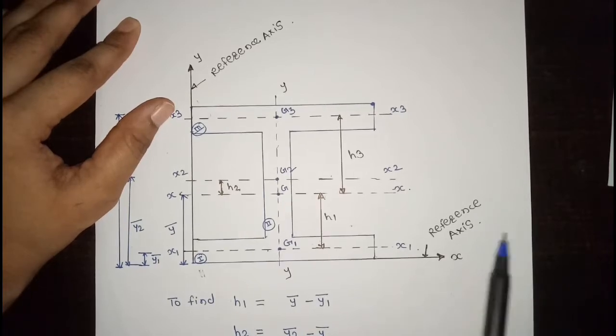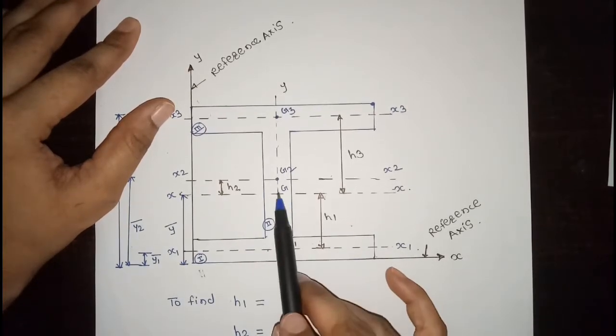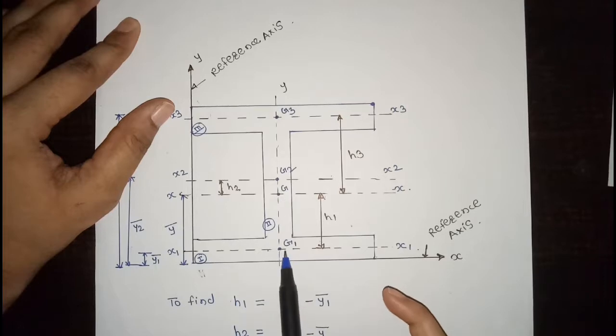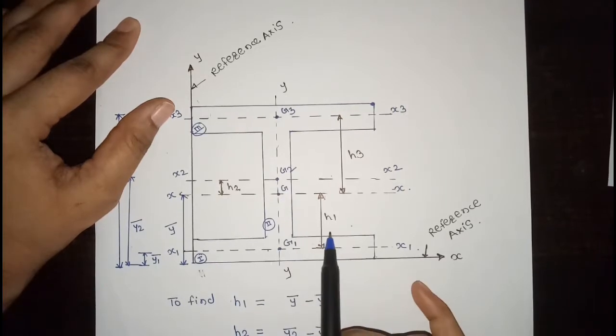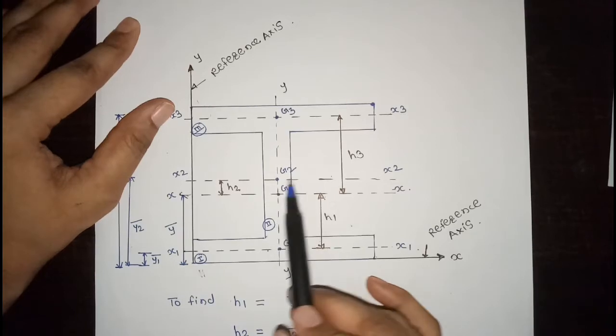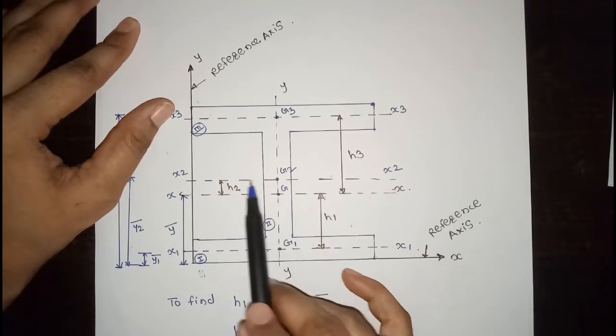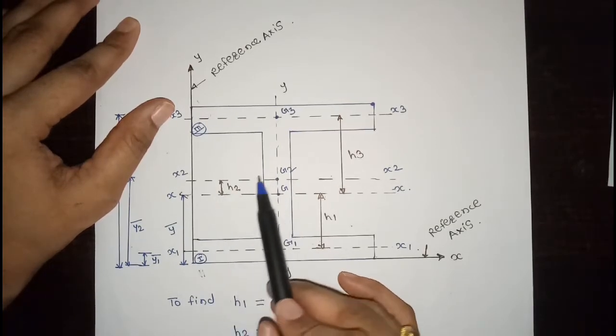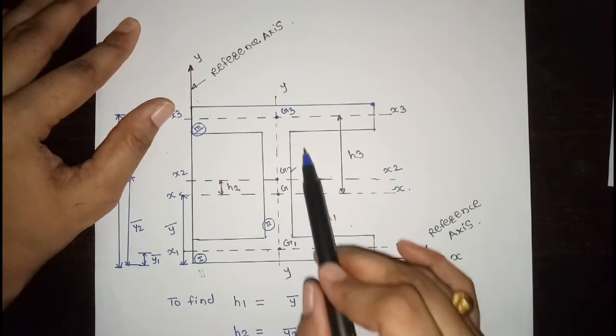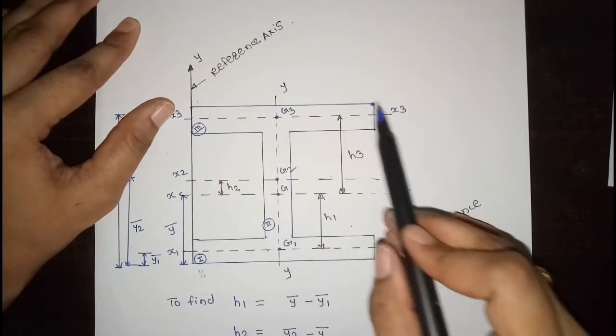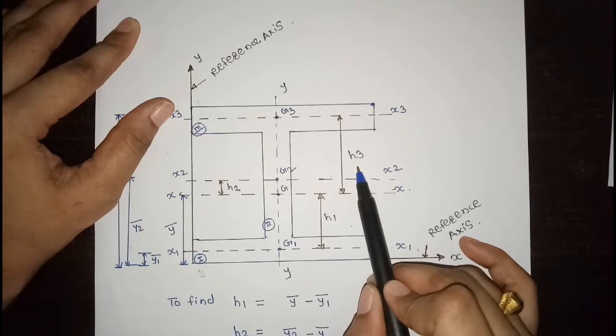So listen carefully. G to G1 is the distance H1. G to G2 is H2. Point G to G3 is H3.